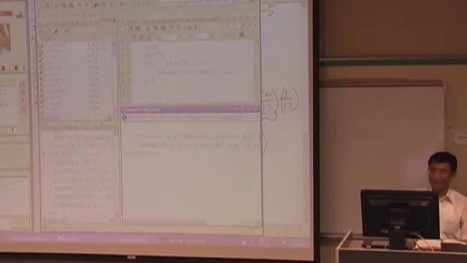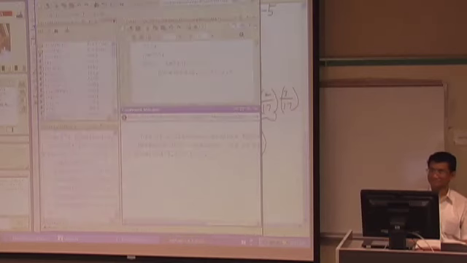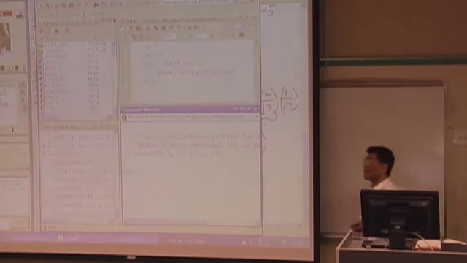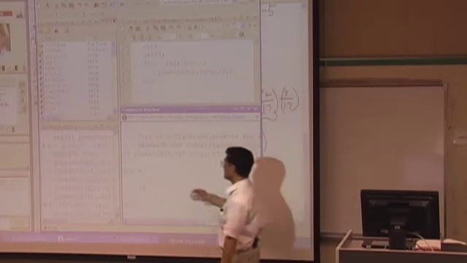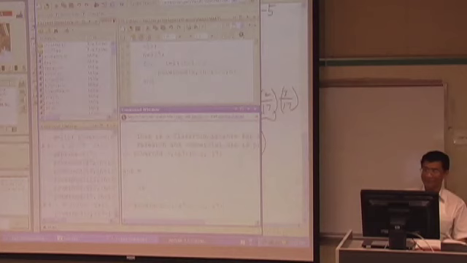So let's calculate it. Power mod 3 to the power of (17 minus 1) over 2 with modulus 17. So it is negative 1. It's a quadratic non-residue, right? 16 o'clock is negative 1 o'clock, so it's negative 1, a quadratic non-residue. What about 5?